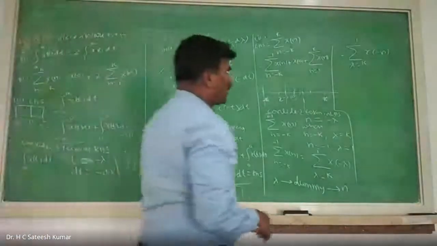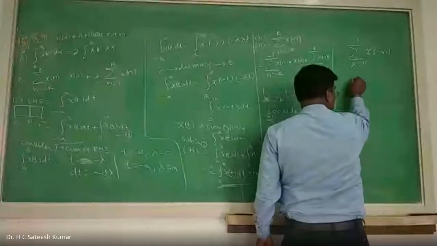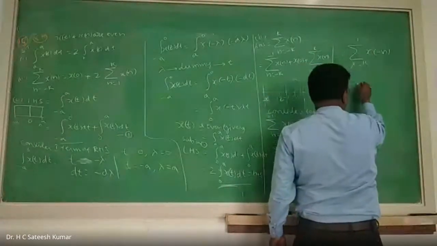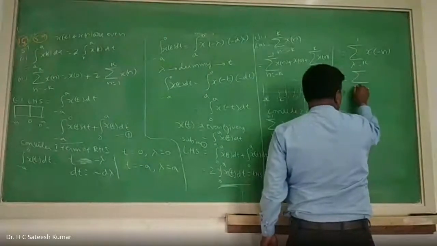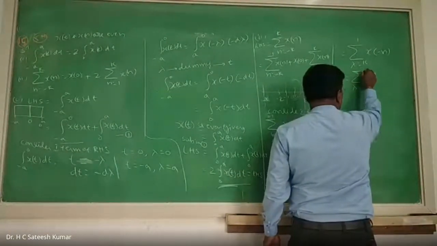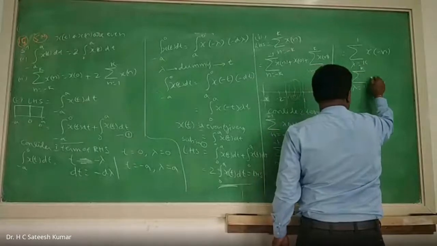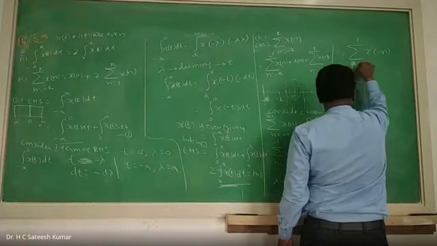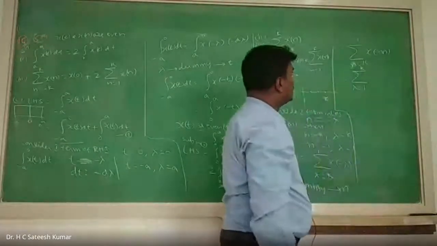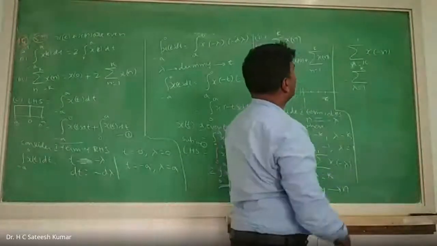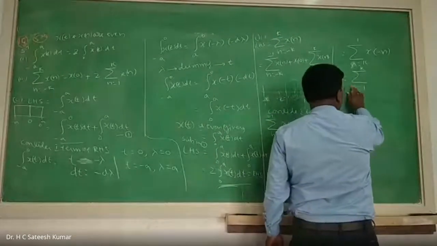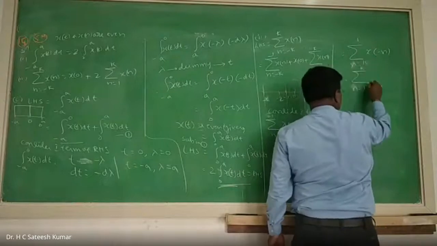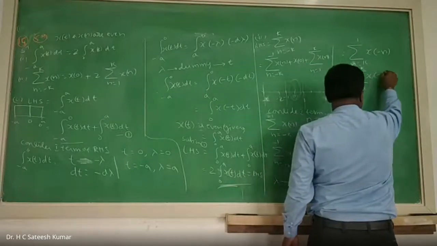Summation from k to 1 and 1 to k are the same, because lambda ranges from 1 to k. Since lambda is replaced by n, n ranges from k to 1 with x of minus n. K to 1 or 1 to k doesn't make any difference, so you will get summation of x of minus n.